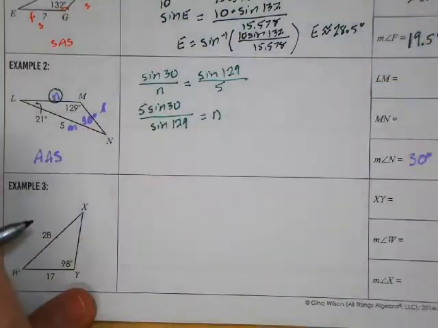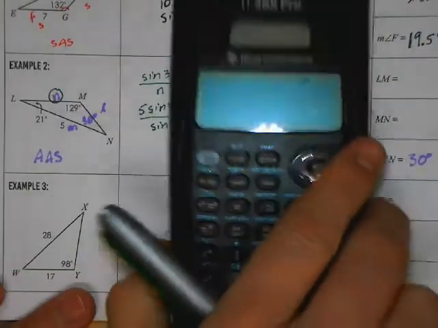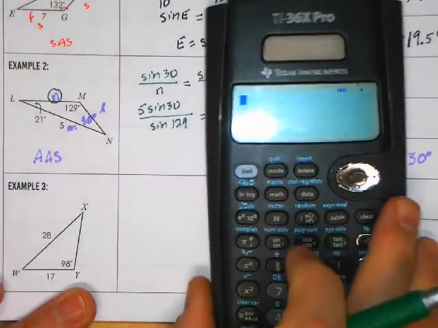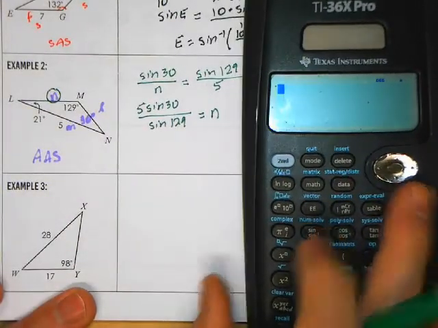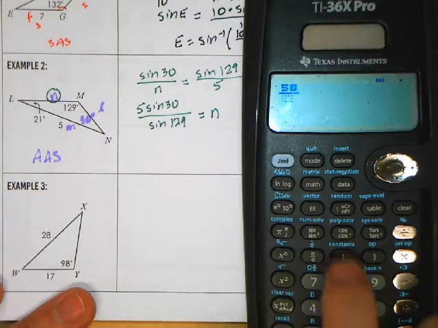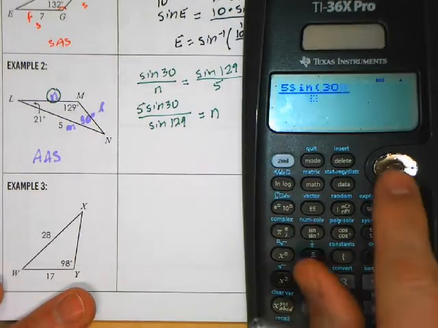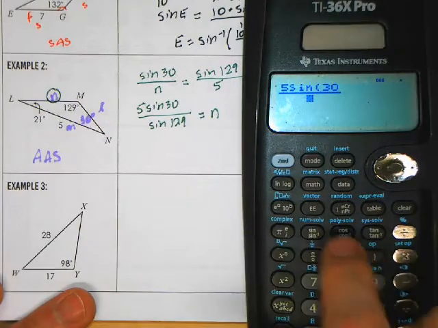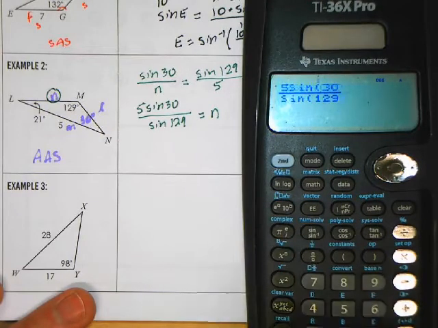And here you go to the calculator and see what it tells you. So I'm going to hit my ratio button: 5 sine of 30 divided by the sine of 129, and here we get about 3.2 units long.